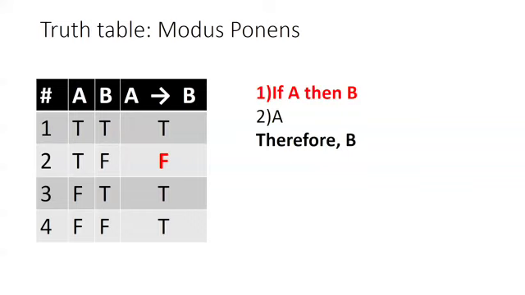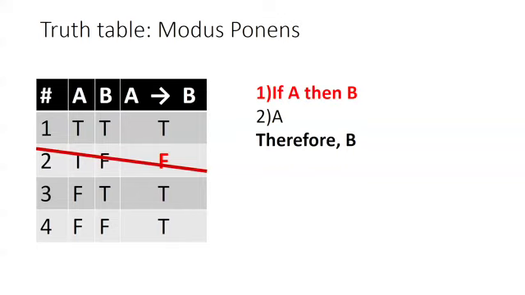And if A, then B just means that if A is true, B will be true. So if the premise if A, then B is true, then scenario 2 is ruled out, right? That's why we put that in red, the same color as the premise, so that you know that it's premise 1, which eliminates scenario number 2 as a logical possibility. If the first premise is true, then scenario number 2 cannot be the case.